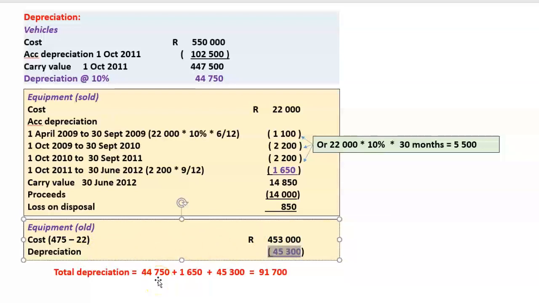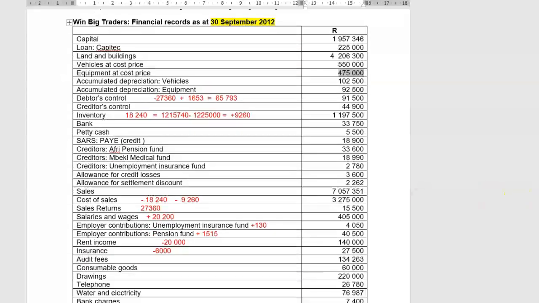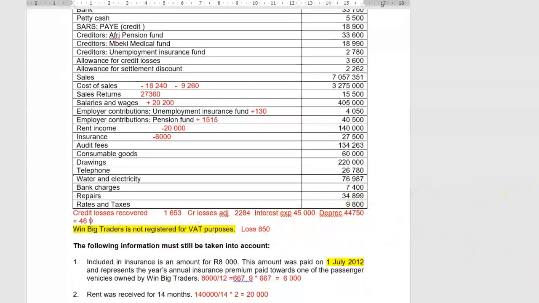So the total depreciation on equipment is the 45,300 plus 1,650. So again, going to your income statement, you can write it in immediately. And there is plus 46,950. So that you have that total in your income statement.